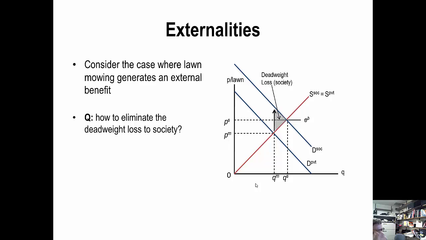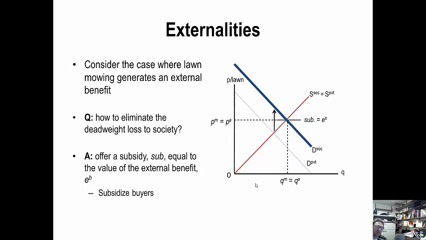Conversely, if we're talking about lawn mowing, where I'm producing extra benefits every time that I mow my yard, the government can actually try to get me to realize the full social benefits of my actions by paying me to mow my yard. Basically forcing my benefits to be aligned more closely with the full social benefits. And they can do that by offering me some sort of a subsidy.